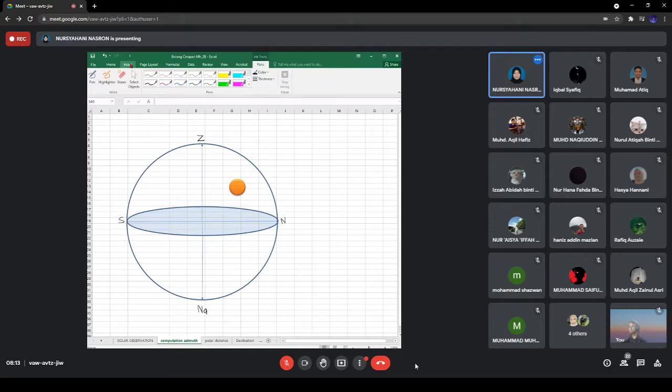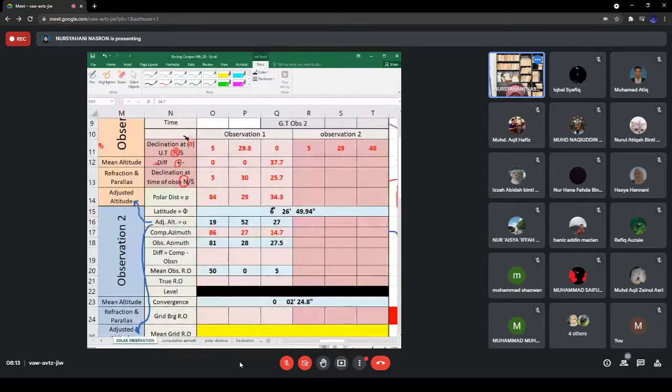Remember my lecture before about latitude of observation. Latitude of the observer will be equal to altitude of NCP. Now we see our latitude, kita tengok latitude kita berapa, kita berada pada kedudukan berapa. This is the latitude of station, which means latitude of observation.